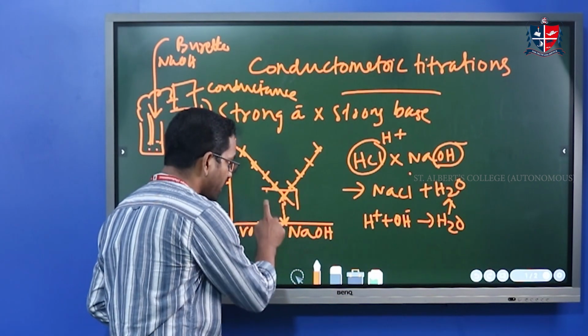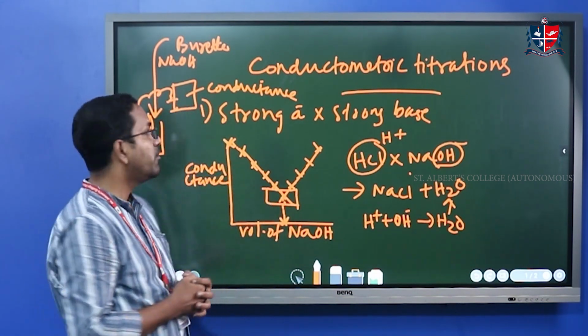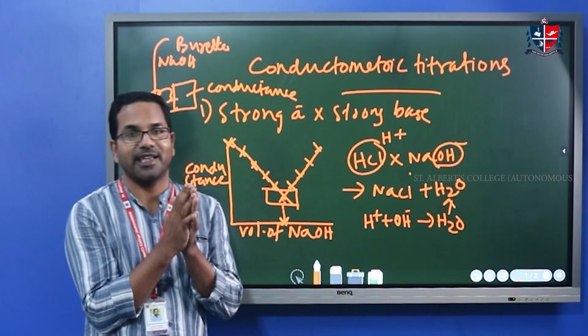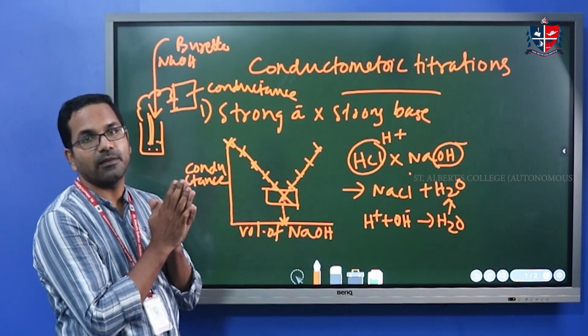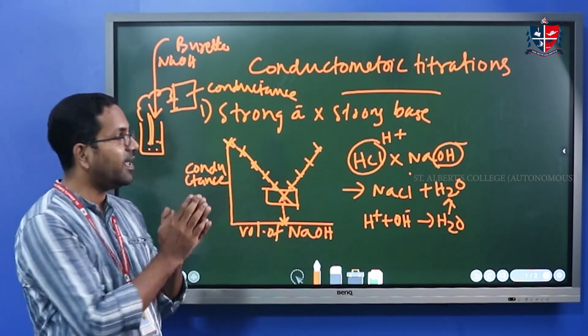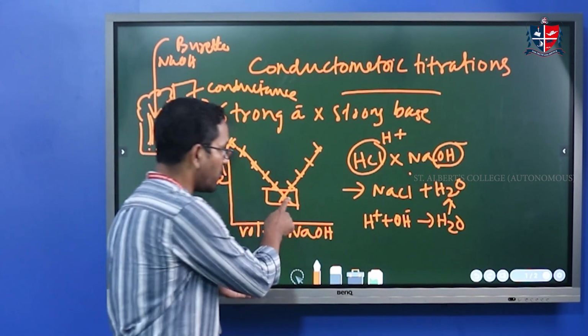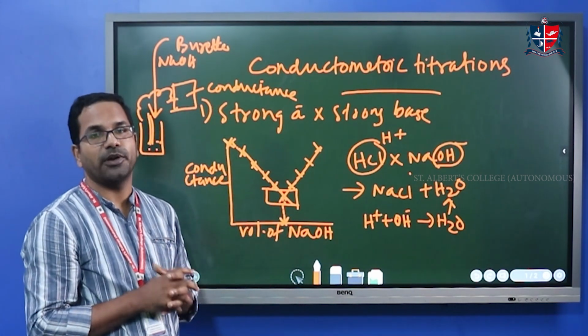What is the specialty of this point? The certain amount of HCl in the beaker will be completely neutralized by the NaOH from the burette at this point. So that is the neutralization point, or the end point.